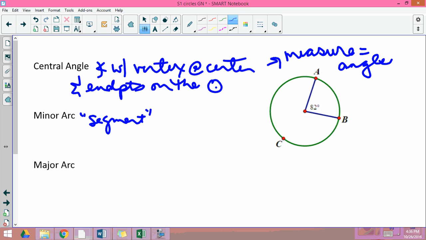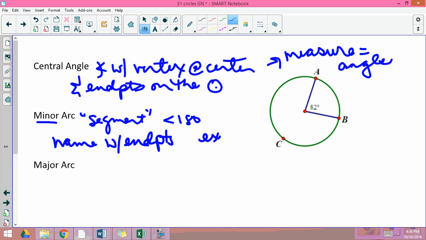a portion of the circle's outer rim. So a portion of even the circumference, if you kind of want to think about it that way. But minor means that it's less than 180, and we name with the endpoints. So much like a segment, except it's curved.